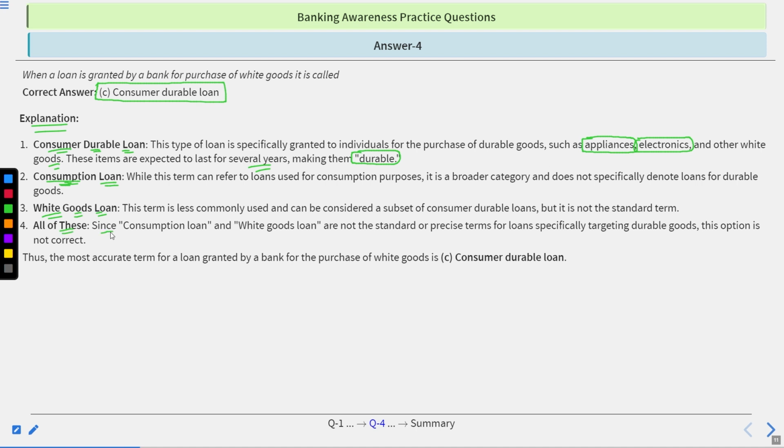All of these: since consumption loan and white good loans are not the standard or precise terms for loans specifically targeting durable goods, this option is not correct. Thus, the most accurate term for a loan granted by a bank for the purchase of white goods is consumer durable loan.